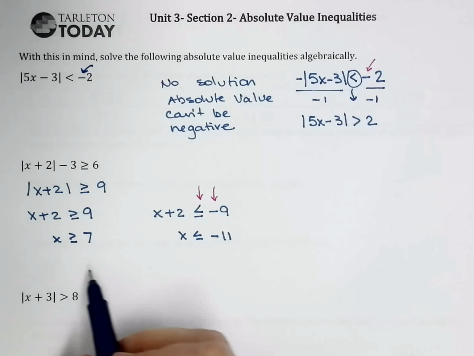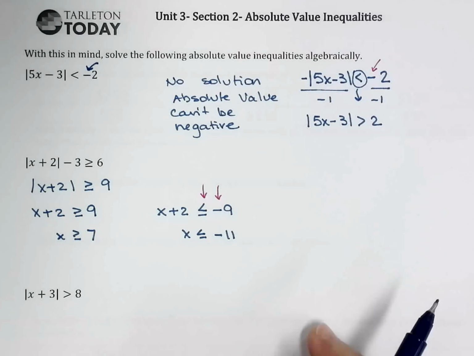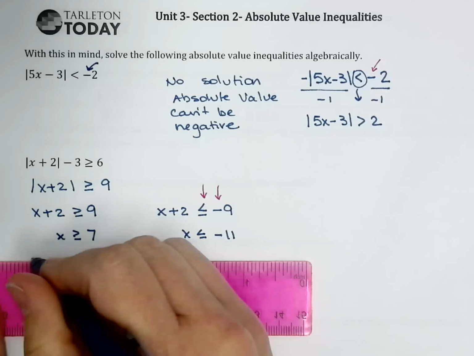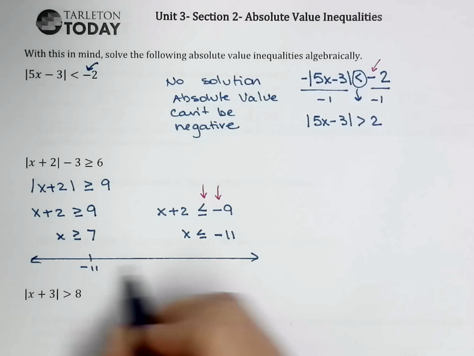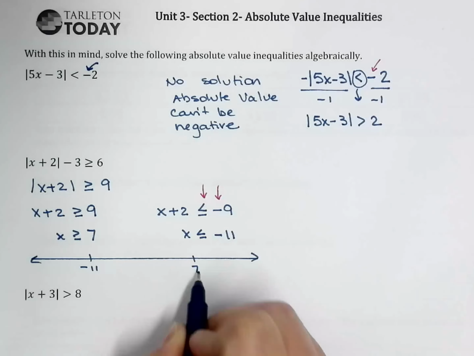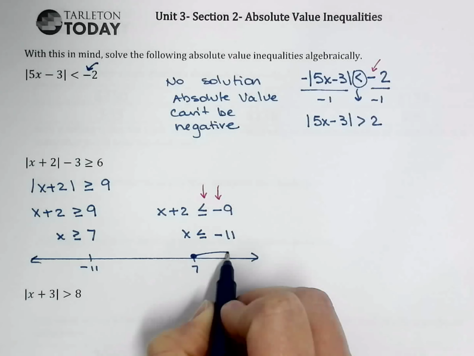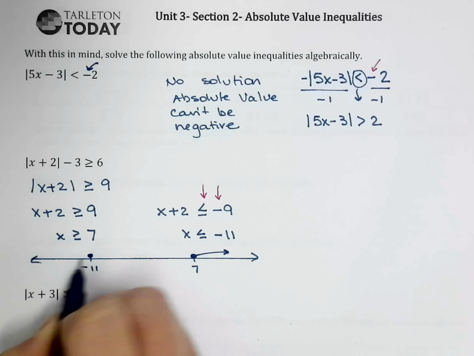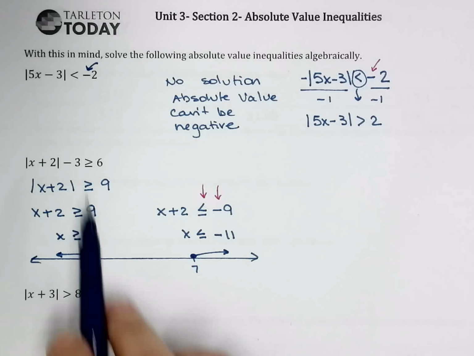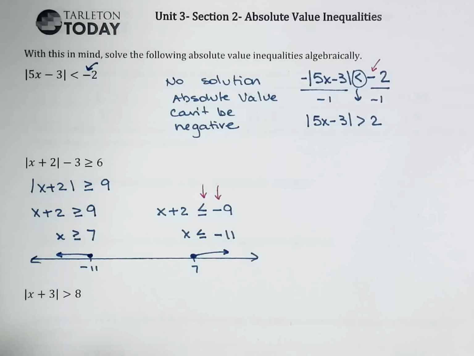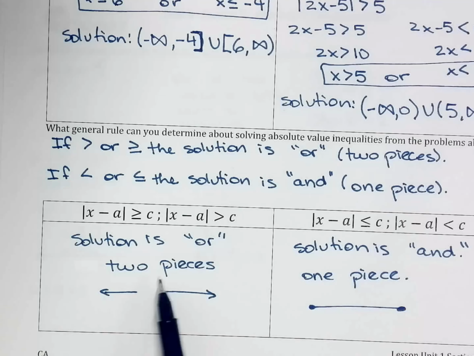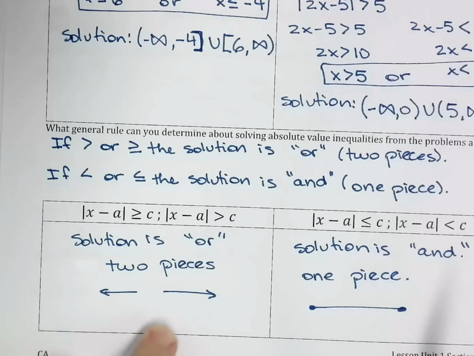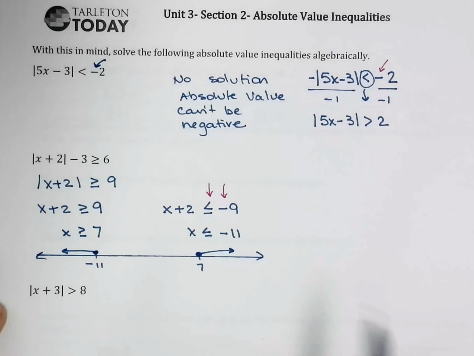So if I were to graph it on the number line, just to add the visual before I write my answer, I have -11 here, I have 7 here, closed dot going that way, closed dot going that way. And you know, greater than or equal to, from the previous page, I have 2 pieces for my answer, and that's what I got right here. So I need to write it out.